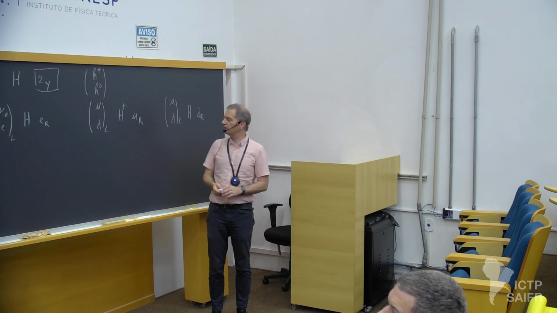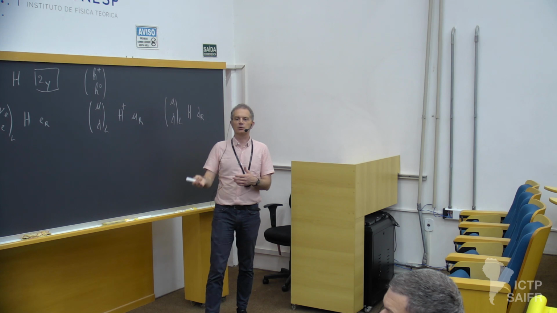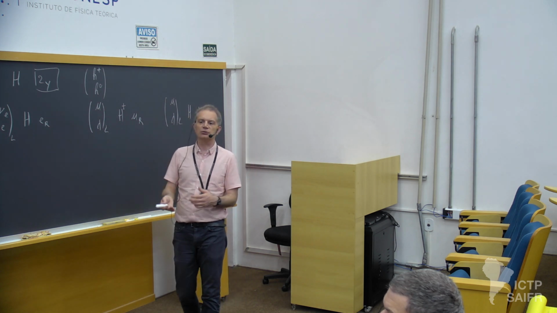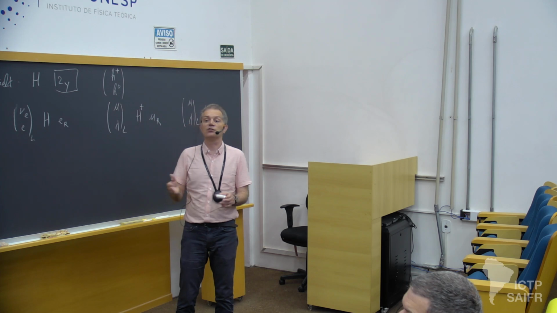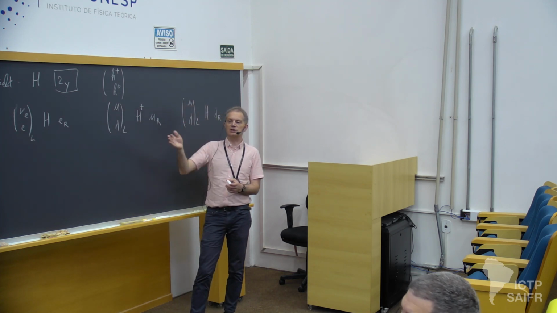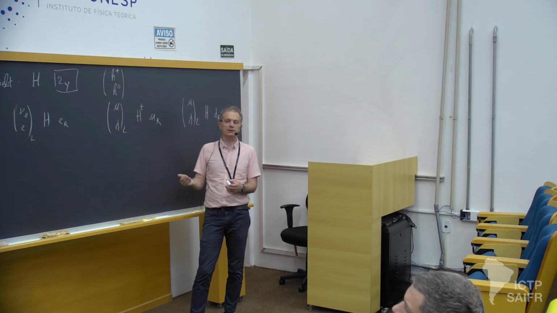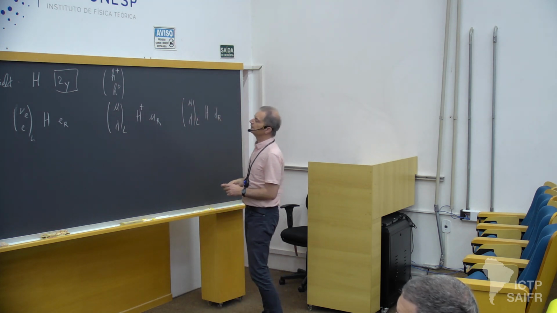So we say that the fundamental representation of SU2 is pseudo-real, because its complex conjugate transforms in a way which is equivalent to the fundamental representation. This is not true for SU3. The triplet representation is different from the anti-triplet. But for SU2 it is exactly the same thing.